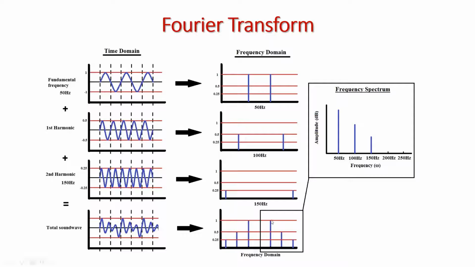It'll say, well, it was mostly 50 hertz, so there's a big peak here at 50 hertz. There's a slightly smaller peak at 100 hertz, and an even smaller peak at 150 hertz. So we can get this frequency spectrum where for each different frequency we can get the amplitude measured in decibels.